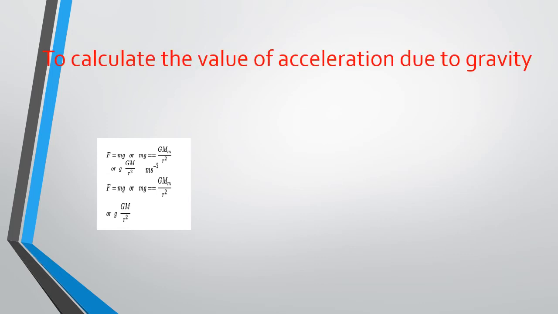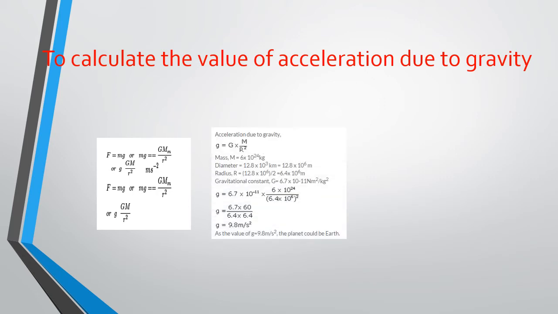To calculate the value of g, that is, acceleration due to gravity. The value of acceleration due to gravity can be calculated from the relation between small g and capital G. That is, acceleration due to gravity g is equal to capital G, gravitational constant, into capital M, mass of Earth, divided by capital R square, radius of Earth.